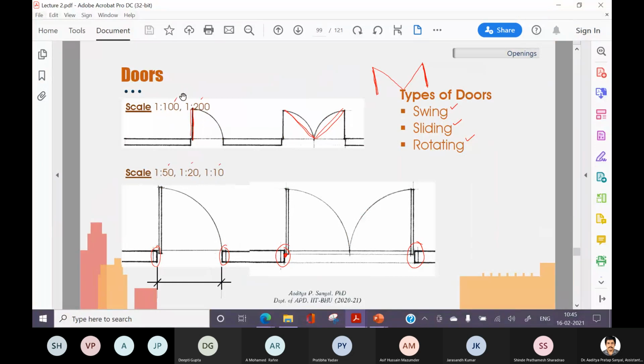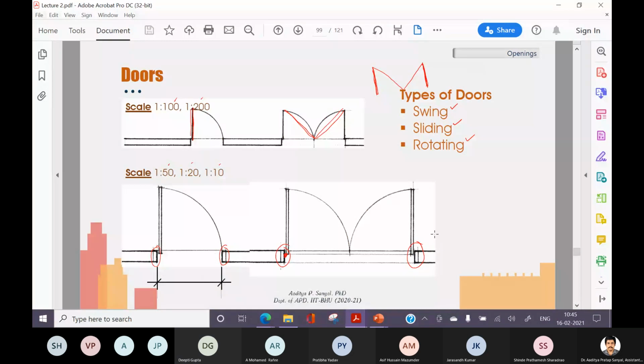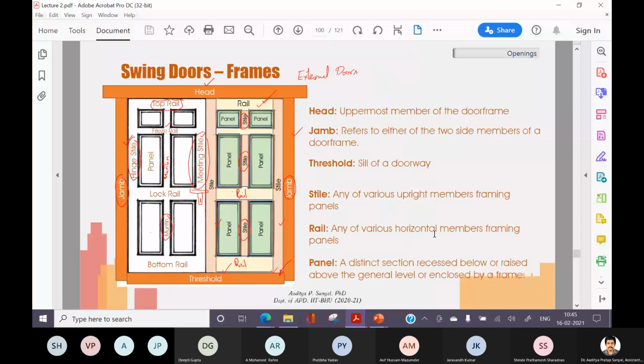Can you see the cursor? The level of detail that is visible is quite less as compared to the lower ones when I'm talking about 1:50, 1:20, 1:10. Can you guys see that? Yes, sir. If you have a problem, just let me know. I'll be able to help clarify.